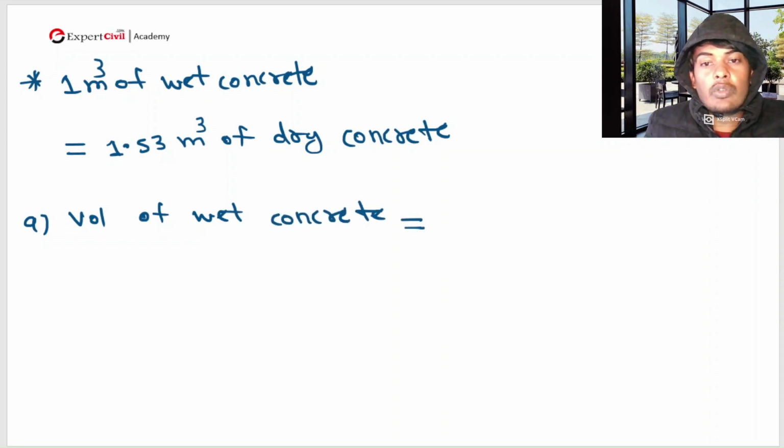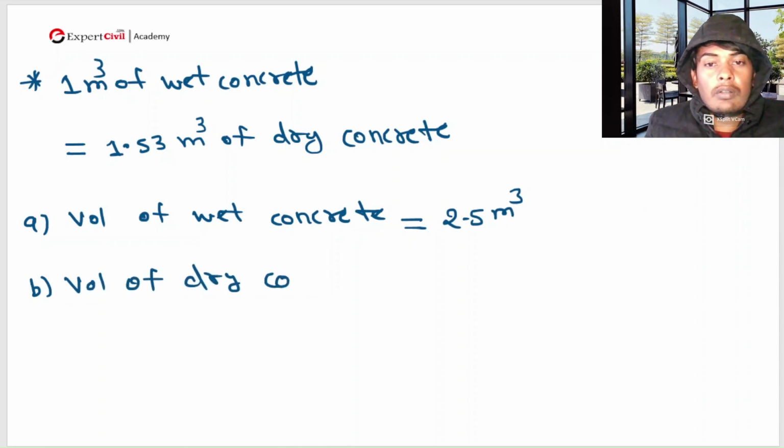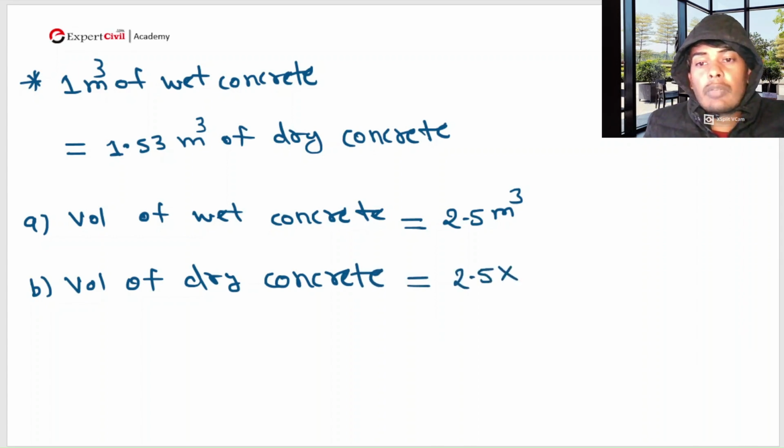It is given in the question as 2.5 meter cube. And in part B, we are going to find volume of dry concrete. So it will become 2.5 meter cube multiplied by 1.53. So this is in meter cube.